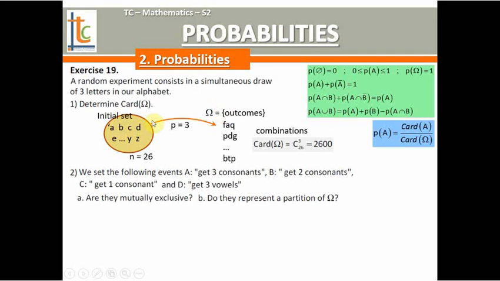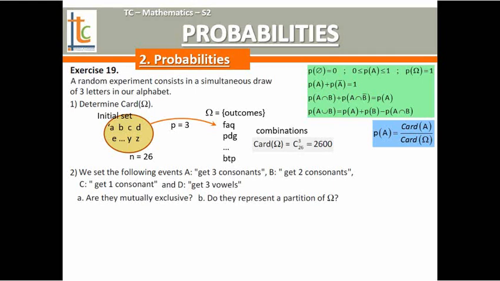Okay, they have to complete omega. Well, are there other possibilities than A, B, C, or D? There are no other possibilities. A group of 3 letters is in A or B or C or D. So, yes, A, B, C, and D form a partition of omega.